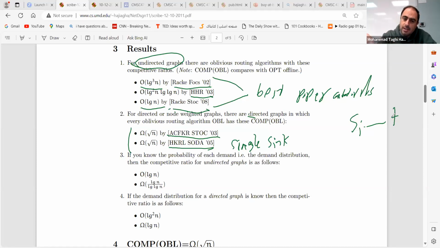As I mentioned, this was for the general case. Even for single source, directed graphs, we cannot get it. However, this was another restriction that we could use. What if we know that these demands are coming from some probability distributions?